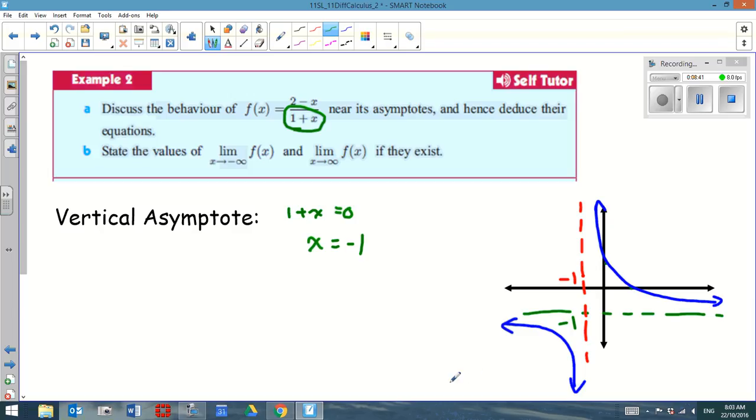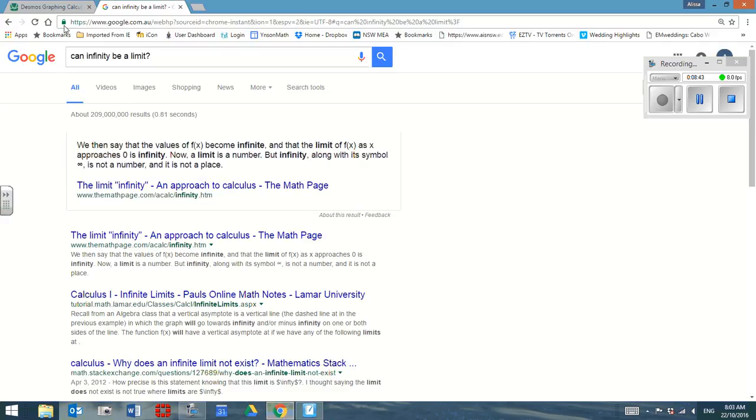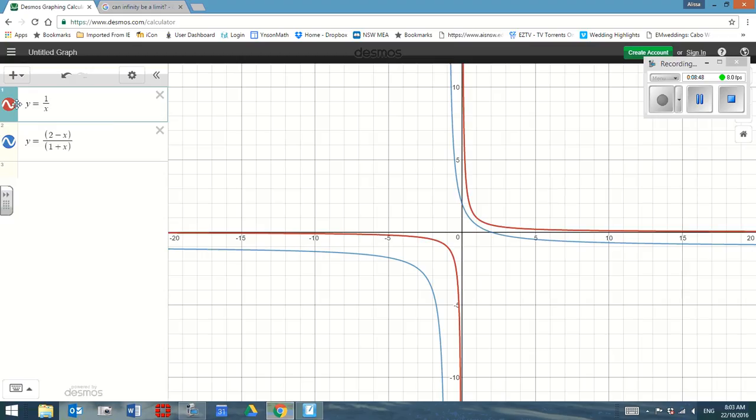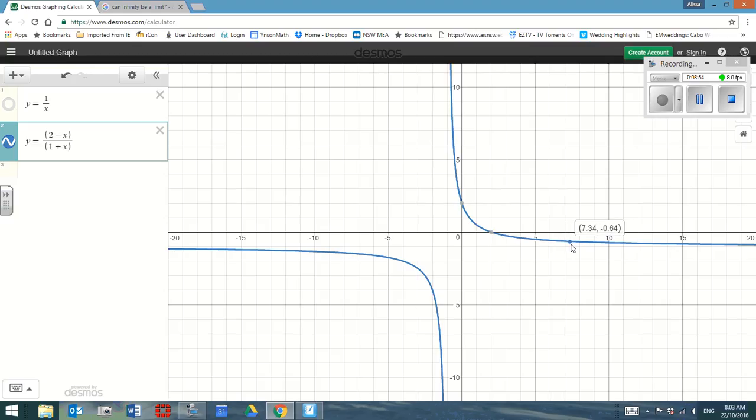So let's take a look and see. I'm going to go to our graph here. So this is the function. And if I follow my function to infinity, I'm going to take a point here and continue moving it to the right. We notice that our x values are getting larger and they'll continue to get larger.